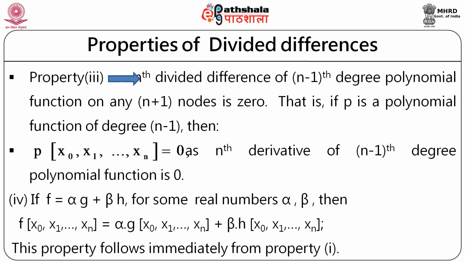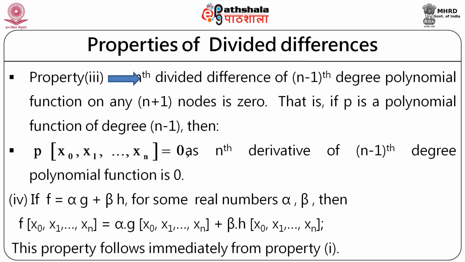That is, if p is a polynomial function of degree n minus 1, then the nth divided difference of p, that is p[x0, x1, x2, ..., xn], will be equal to 0, and this is because the nth derivative of an (n minus 1)th degree polynomial function is 0.